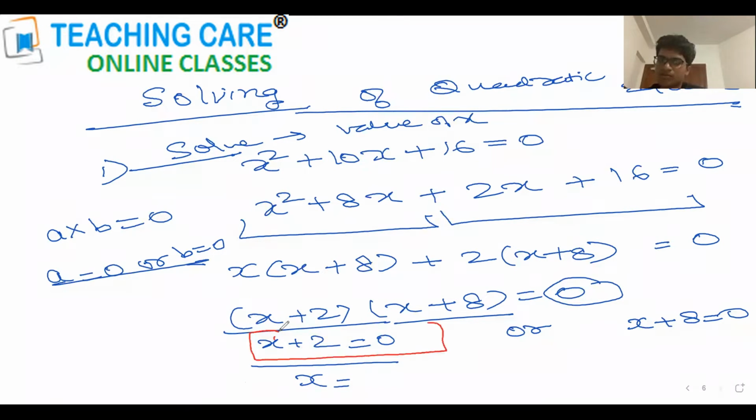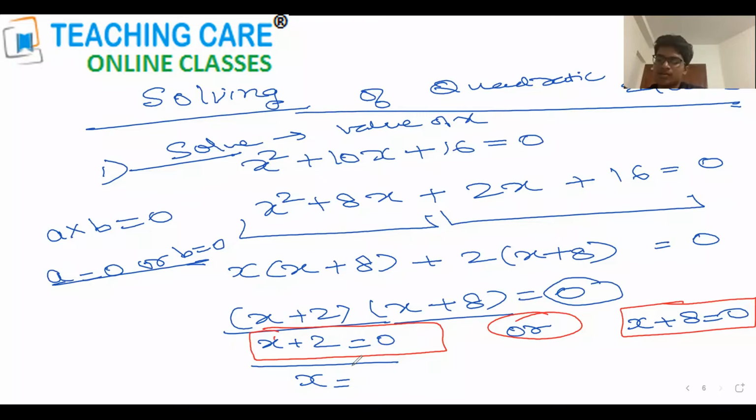This one and this one. Just get the values of x from here. Why are both of them 0? No, we are saying or. Either one of them is 0. Oh, okay.